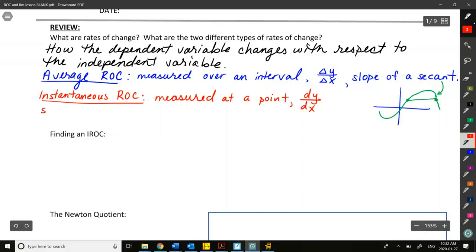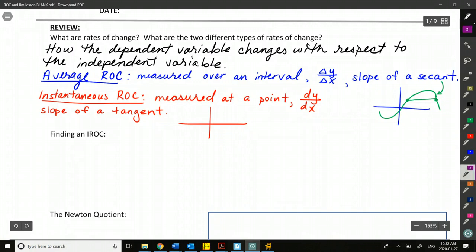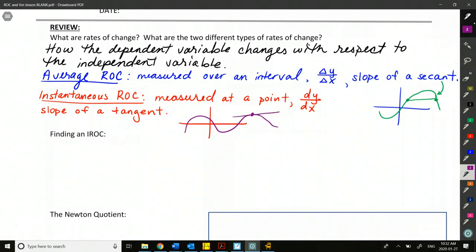And this one will be the slope of a tangent line. So what that means is if I have a function again, and I want to know the instantaneous rate of change at this exact point, I look at the line that just skims the function right at that point, and I find the slope of that line.